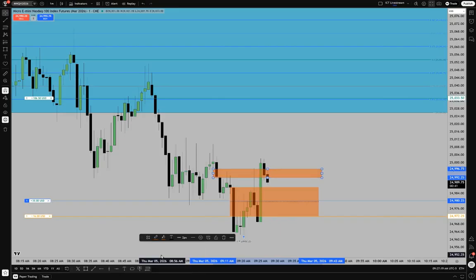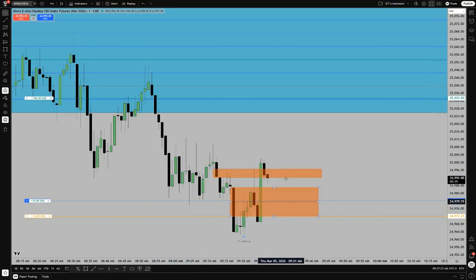There you go. So now we have two areas. This one here, we want to see the bodies stay inside of this one. It can wick down into this one, but the bodies need to stay inside of this one in an optimal condition. As long as we're staying above this, that's okay.